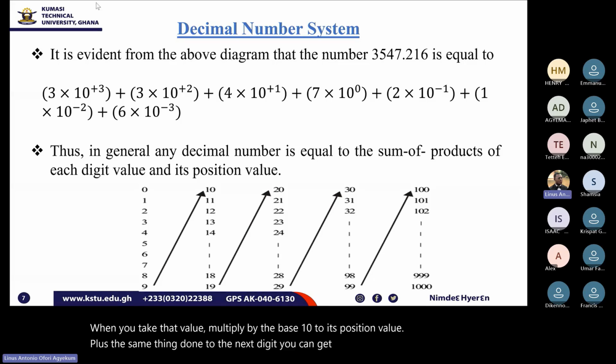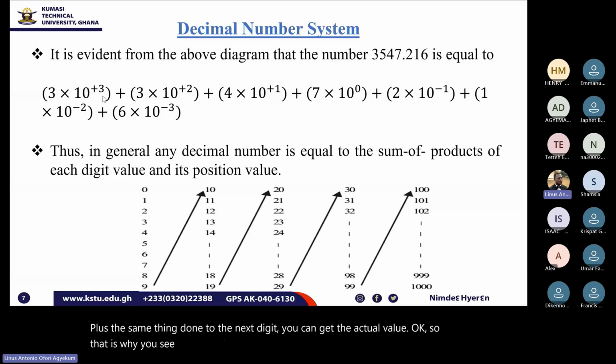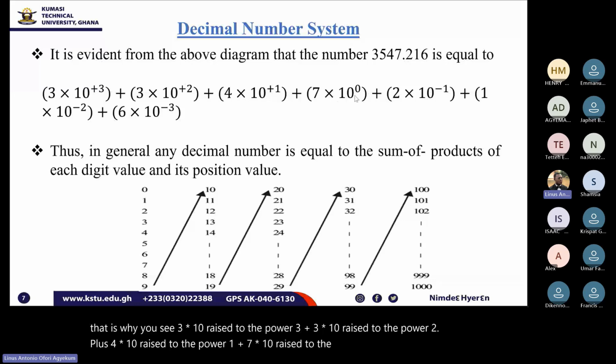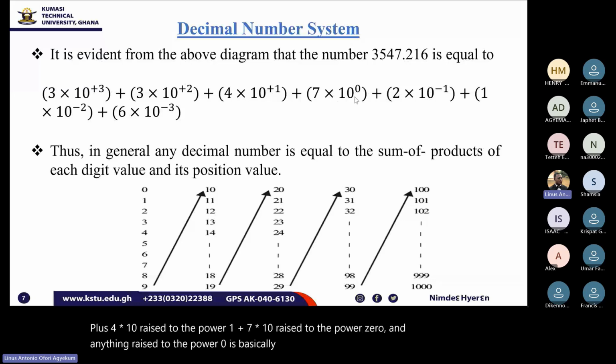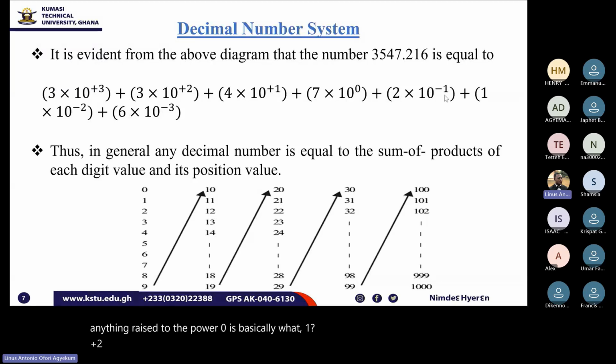So that is why you see 3 times 10 raised to the power 3 plus 5 times 10 raised to the power 2 plus 4 times 10 raised to the power 1 plus 7 times 10 raised to the power 0. And anything raised to the power 0 is basically 1. Plus 2 times 10 raised to the power -1, and that is where the decimal point starts from.